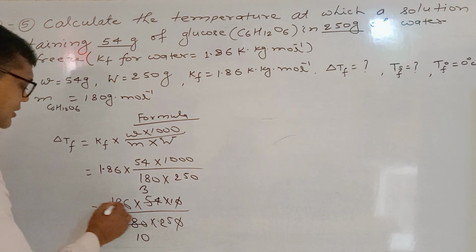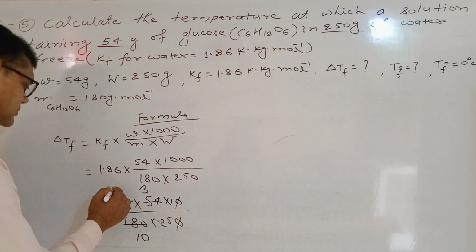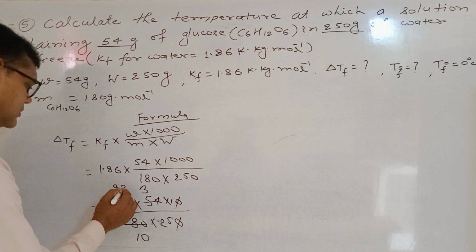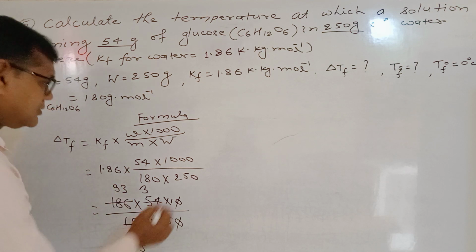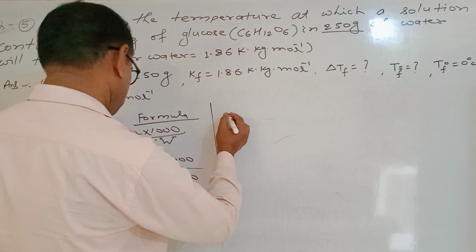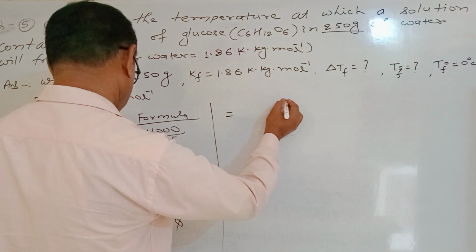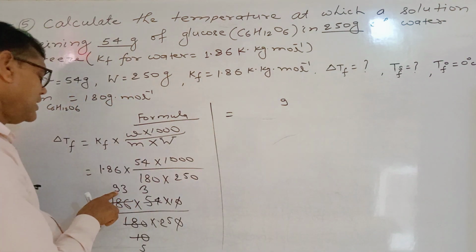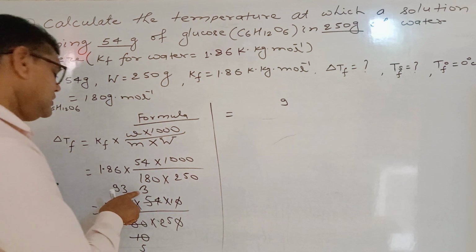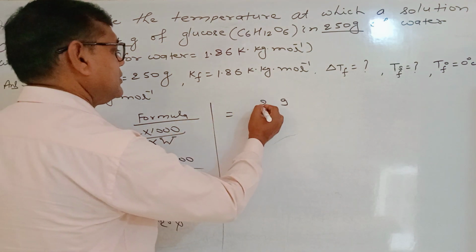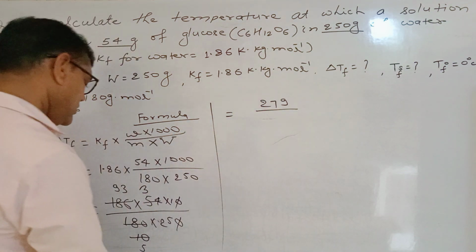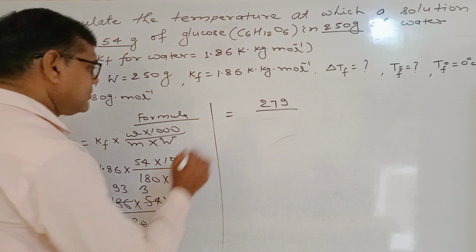We cut out, we multiply 93 and 3, and we multiply 25 and 5.